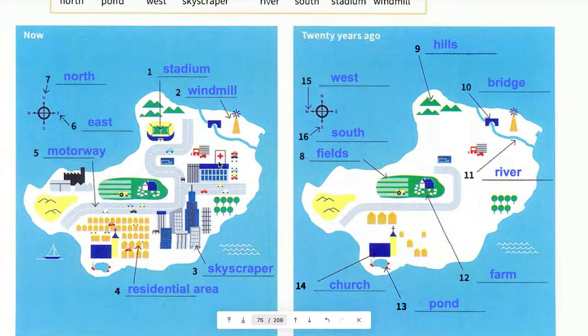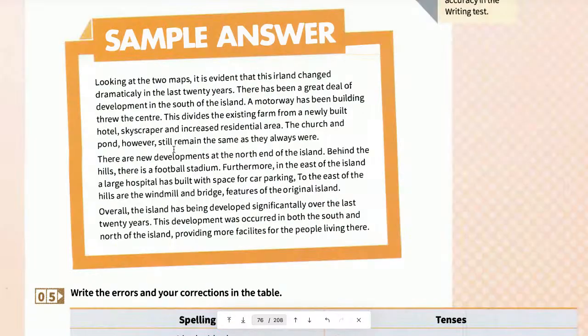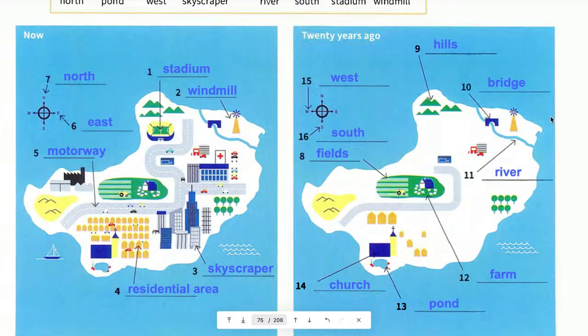Yes, we can see that. To the east of the hills are the windmill and bridge. Yeah, windmill and bridge. Okay, I can see that.